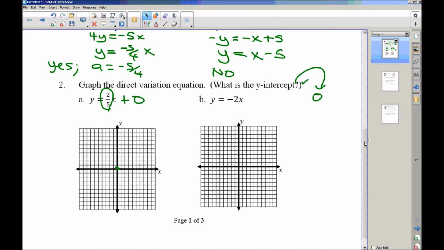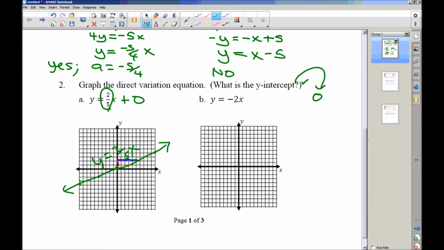So that's up 2 and over 5 from this spot. 2, 3, 4, 5. And then we could find a new point. And we could keep doing the same thing, up 2 and over 5, or go backwards, down 2 and back 5. When we're done, we get this line. And we could write y equals 2/5 x on it. Okay, so that's our direct variation.